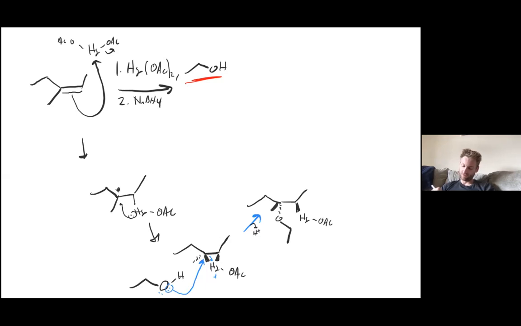And then our sodium borohydride can reduce off that mercury, to give us an ether here.